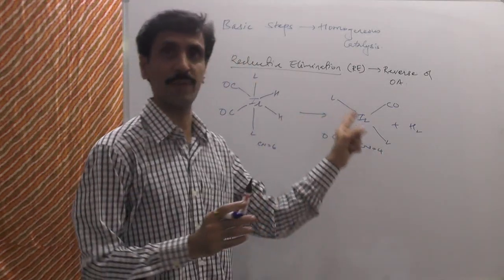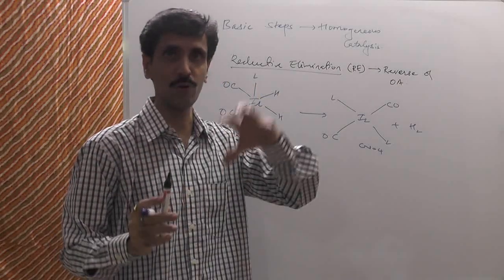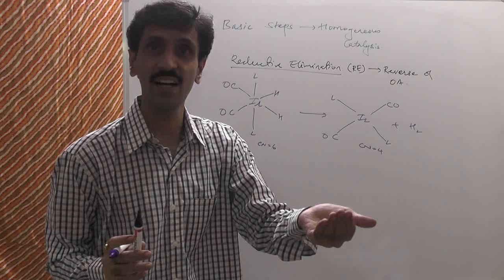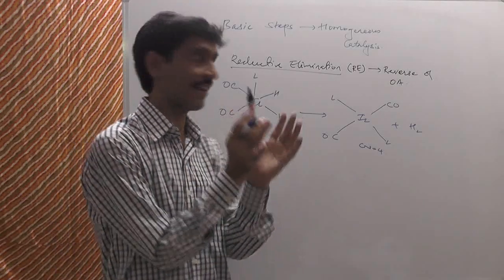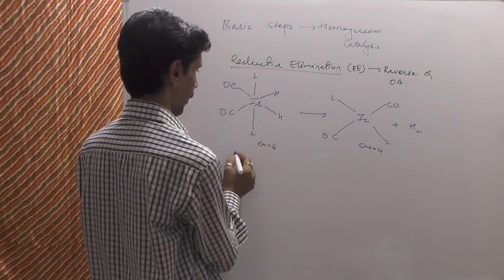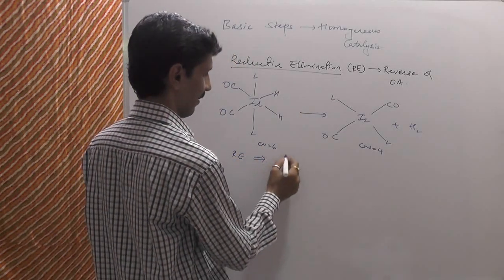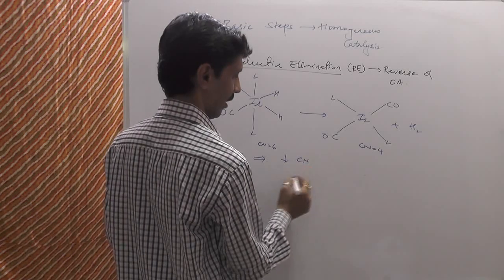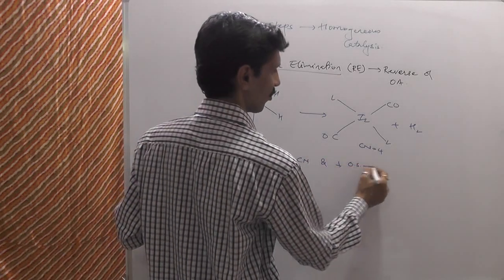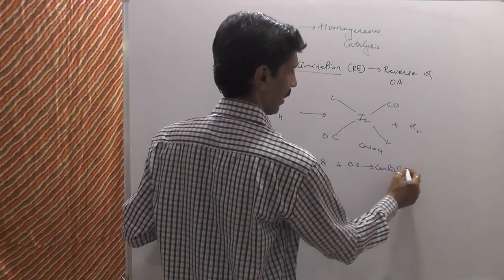The 2 hydrogens are being removed, H plus and H plus, which results in a decrease in the charge on iridium. So as I said, it's the reverse of oxidative addition. The reductive elimination basically results in a decrease in the coordination number as well as a decrease in the oxidation state of the central metal.